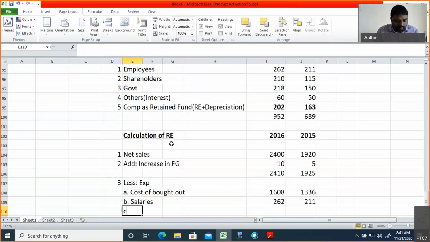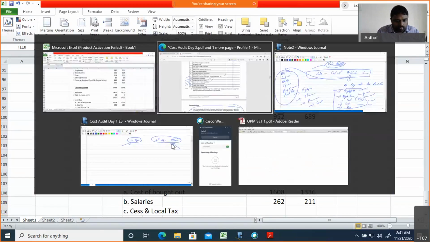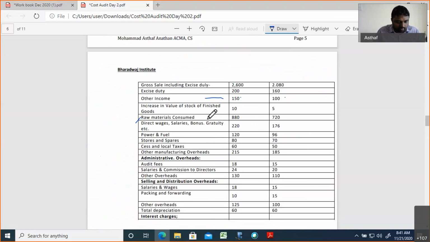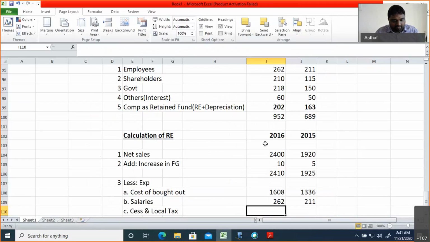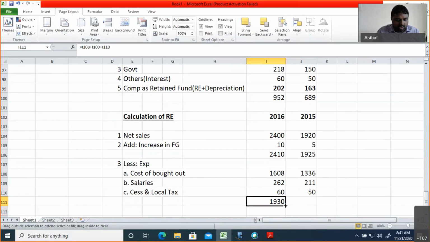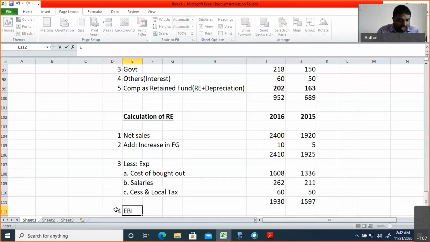Then cess and local tax. What is the cess and local tax? 60 and 50. So we have deducted all the items. If you do this, for your benefit I am making the full format, this is called EBITDA, earnings before interest, tax and depreciation.